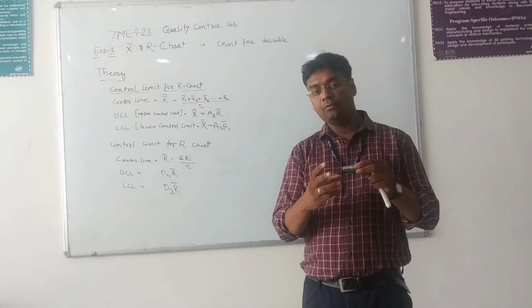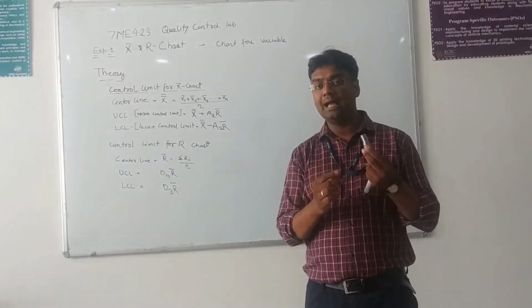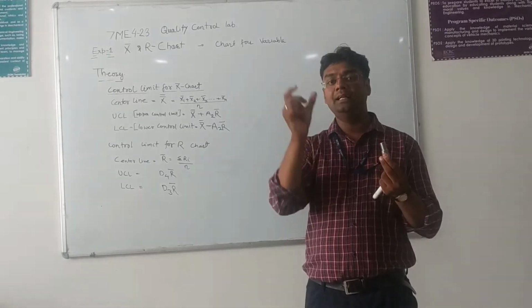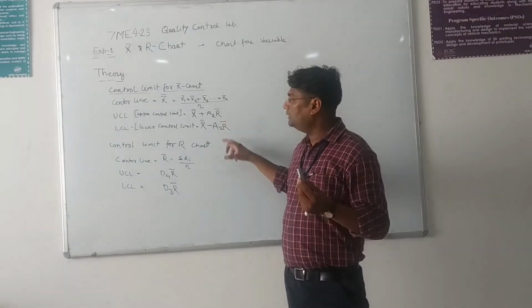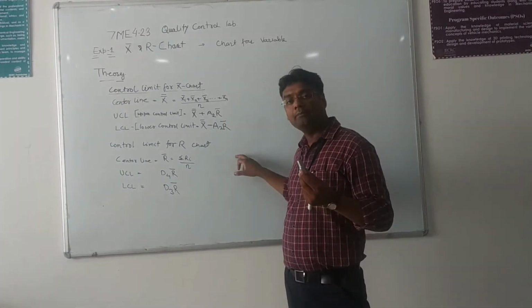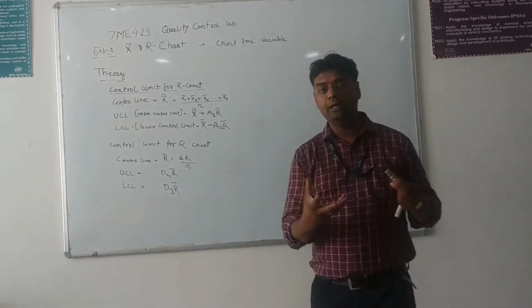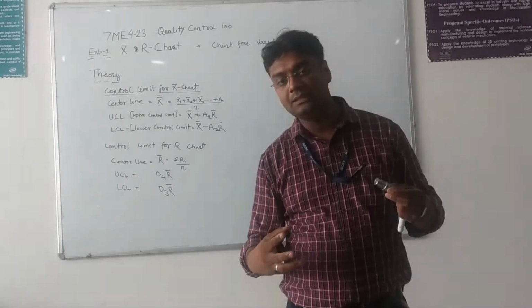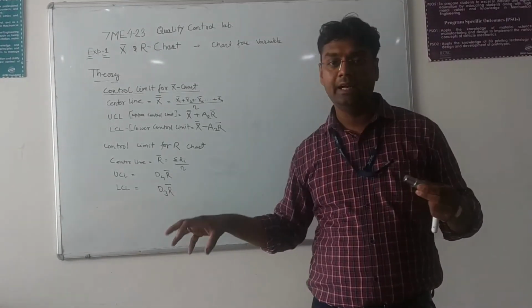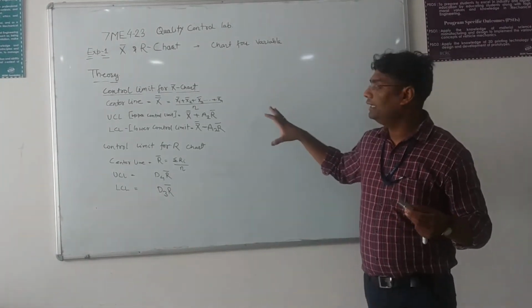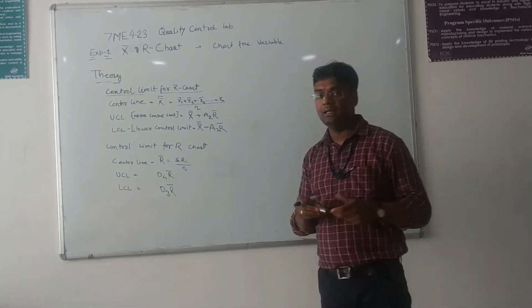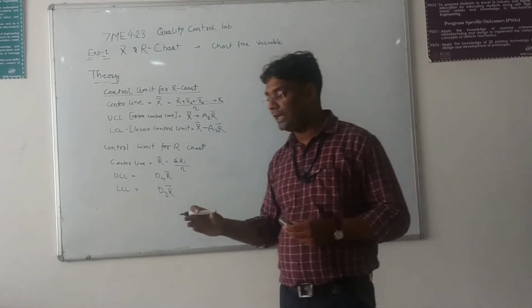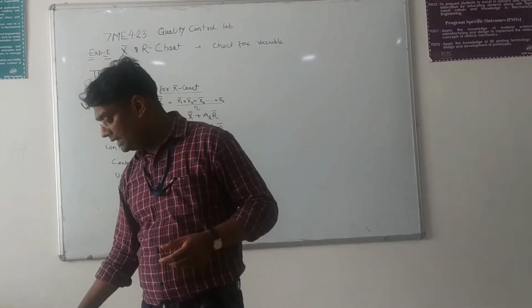So we have to measure the diameter of this piece, tabulate that data, and after calculating these values draw a graph. In this video, we discuss how we take data and how we tabulate it. First of all, we take samples from each lot.